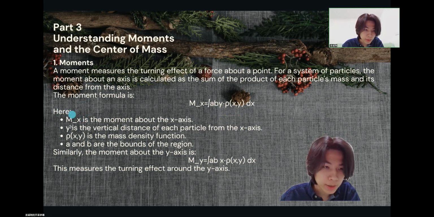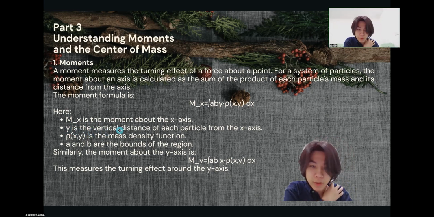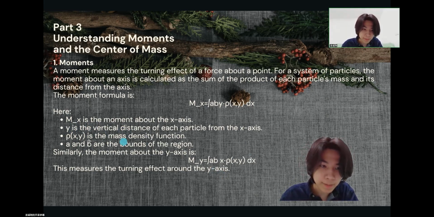Similarly, here, y is the vertical distance of each particle from the x-axis, and this one is the mass density function. A and B are the bounds of the region.